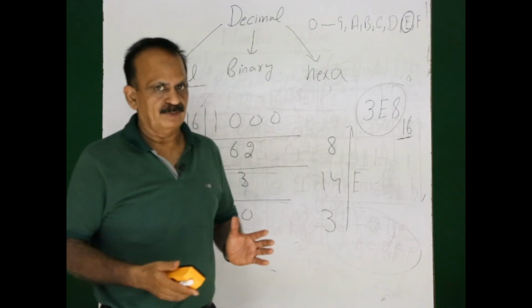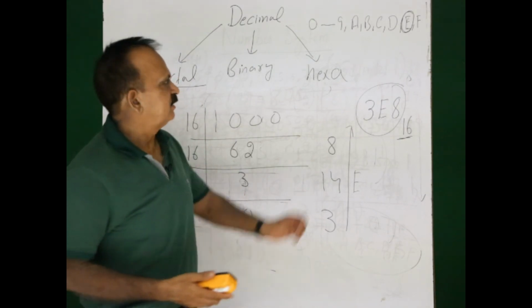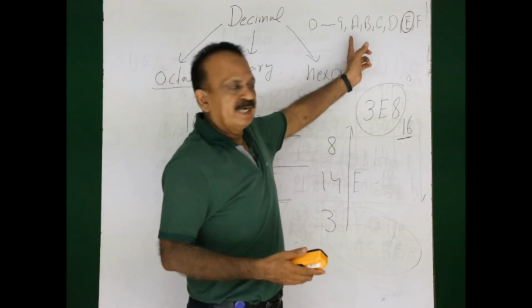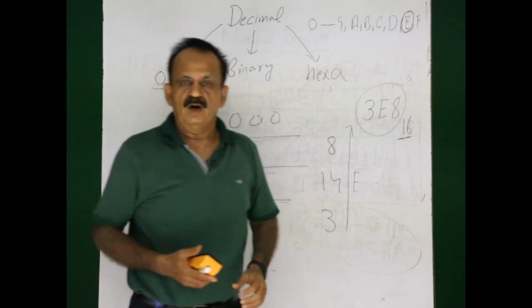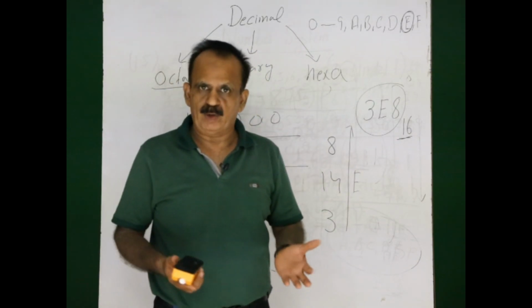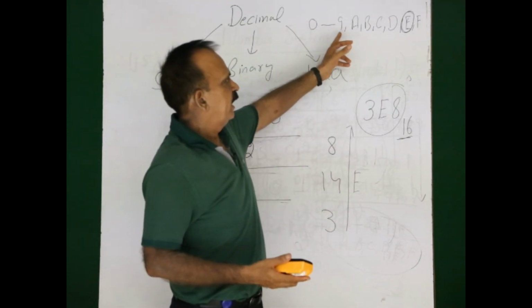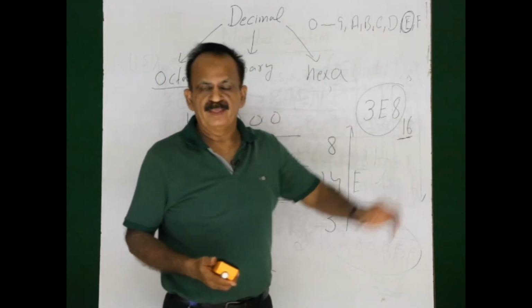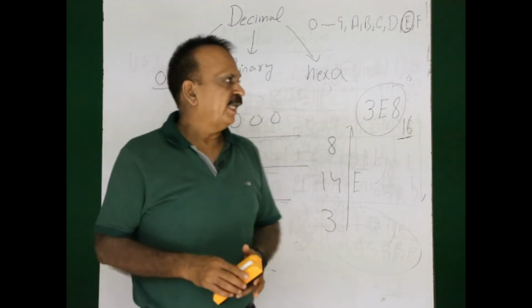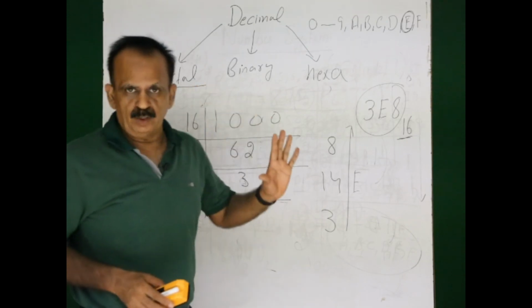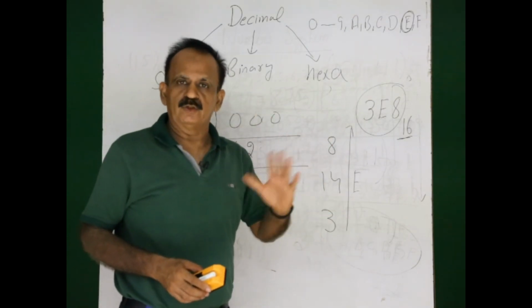The hexadecimal number system has base 16, with digits 0 to 9 and then A, B, C, D, E, F. If a number system has base 12, it can use 0 to 9 and then A and B only. Then the next topic was how we can convert one number system into another.